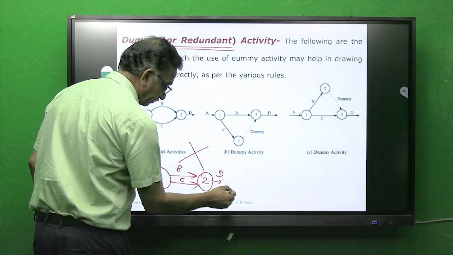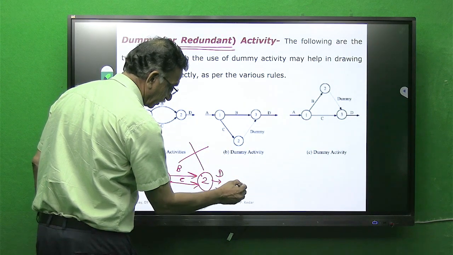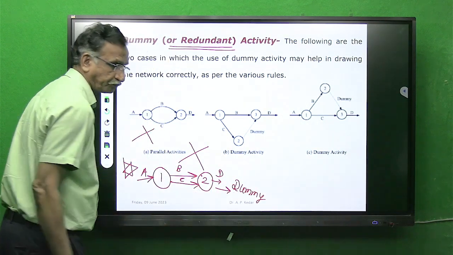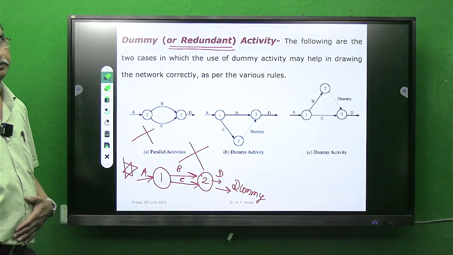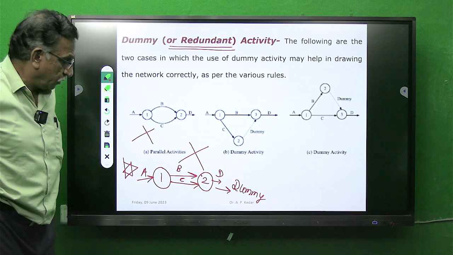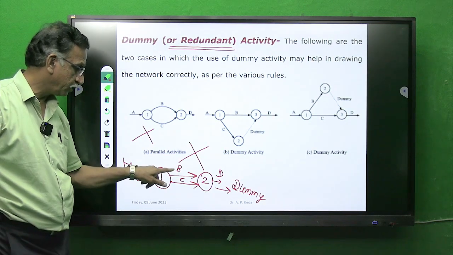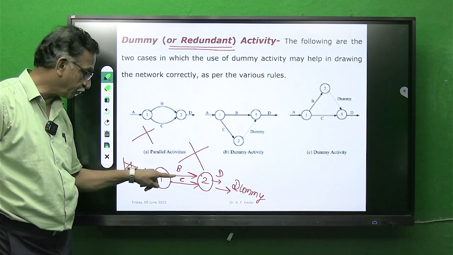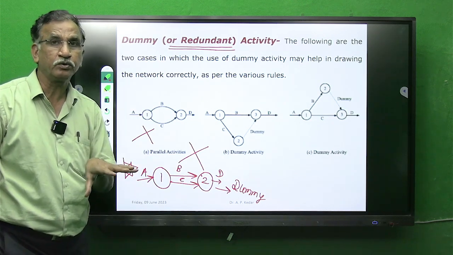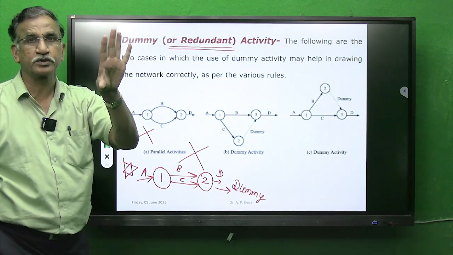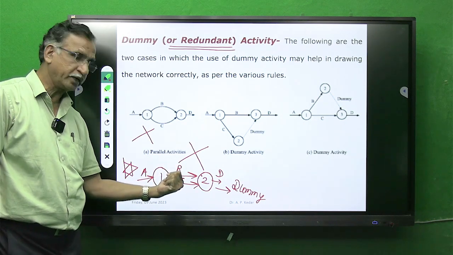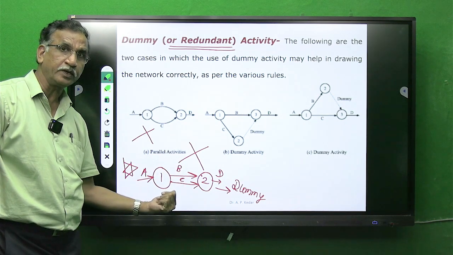Solve this concept by using the aspect of dummy activity. Use a dummy activity here. So you can use a dummy activity either for B or for C, depending on the scenario pertaining to that situation of the project. You can have a dummy activity with B or a dummy activity with C.